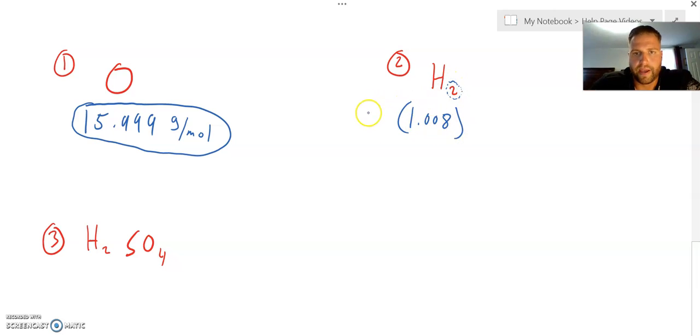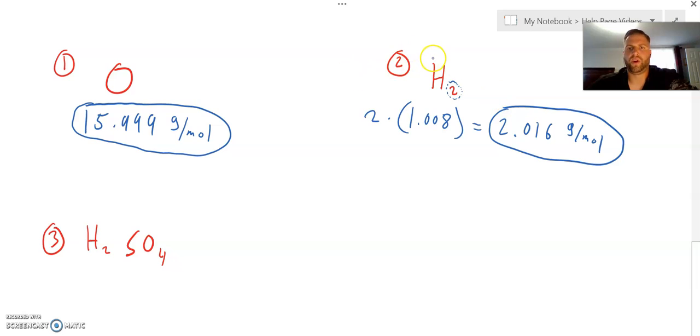Multiply this number by 2. So now you grab your trusty calculator, you do 2 times 1.008. And what that comes up with is 2.016 grams per mole.